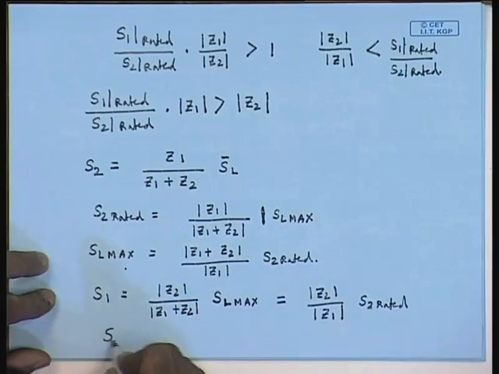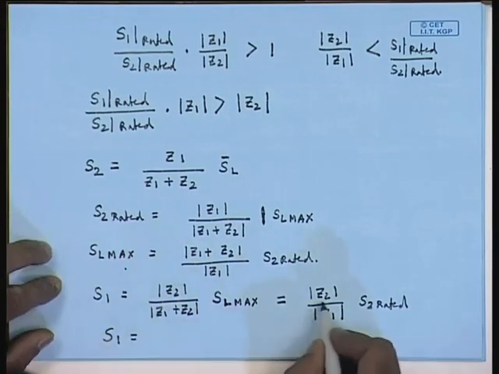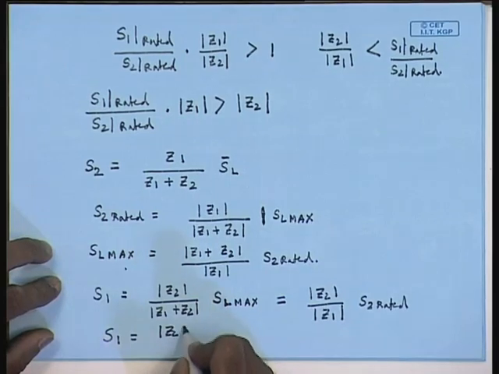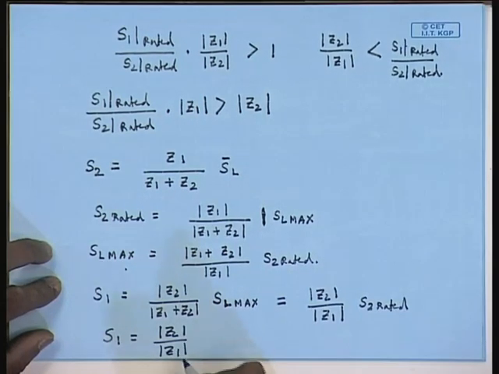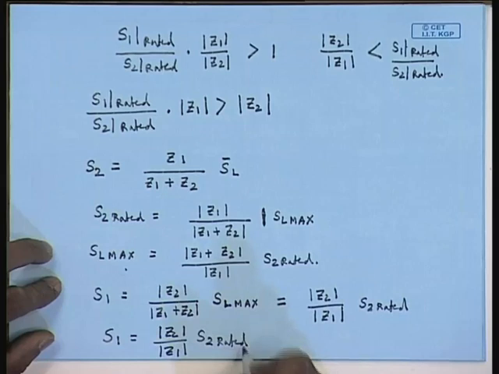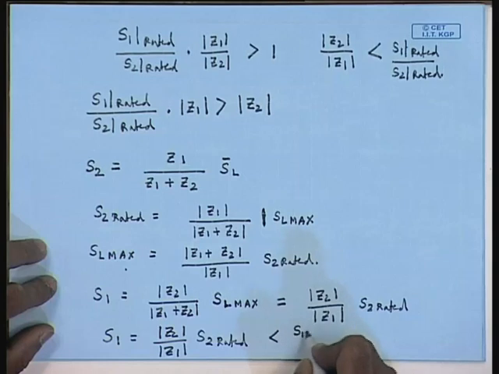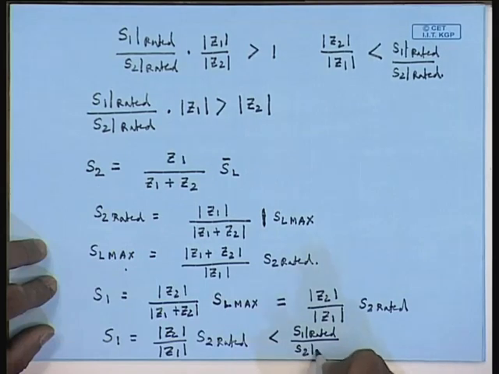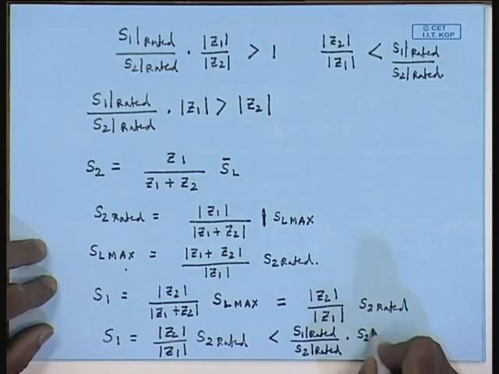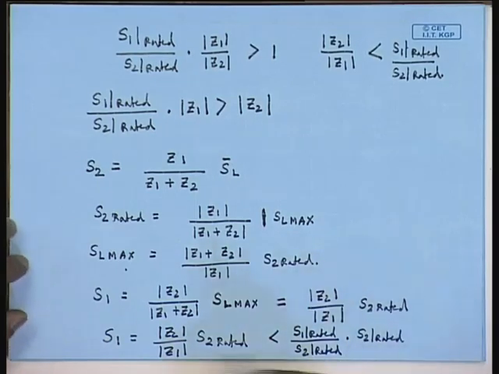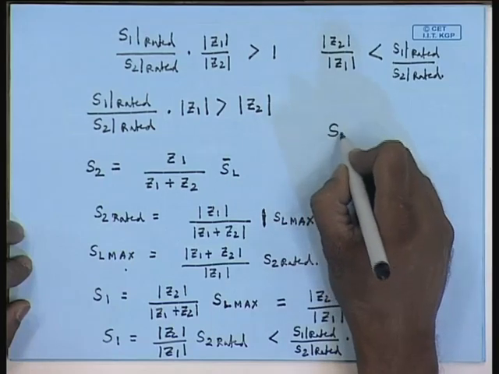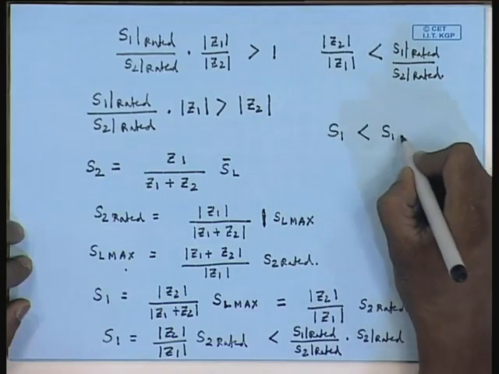Therefore, S1 equal to mod Z2 by mod Z1 S2 rated will be less than S1 rated divided by S2 rated into S2 rated, or the conclusion is S1 in that case will be less than S1 rated.